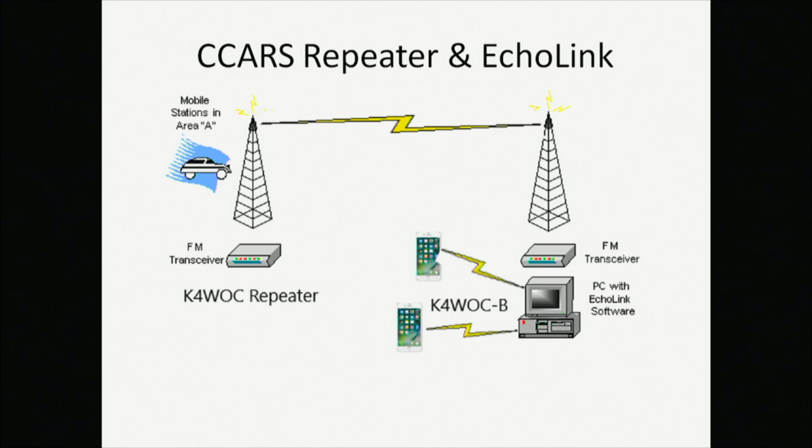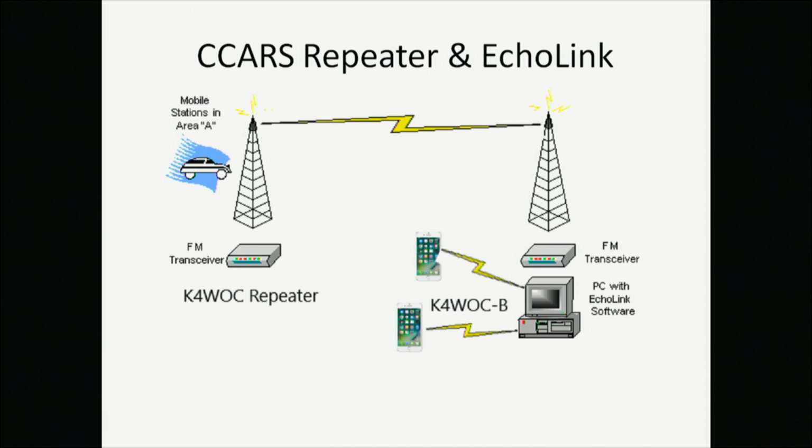In the configuration that I'm using the most, and I think most of us in the room are using, we've got the K4WC repeater over on the left, and we've got somebody on a radio that's just using the traditional amateur radio, whether it's an HT or mobile, to talk to the 443 repeater.